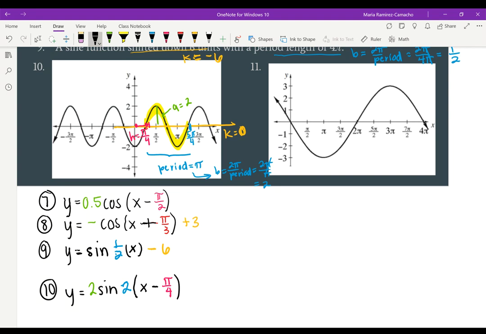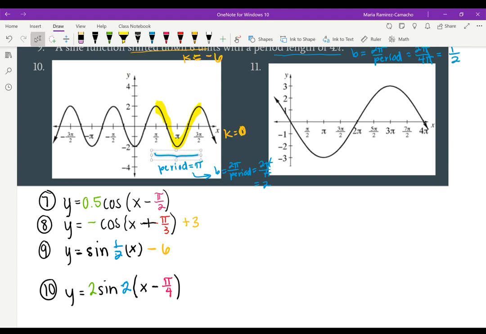We can use cosine as reference here as well. Let me highlight a different part of the graph. Okay, let's say we're looking at this one cycle of cosine. My period is still pi. The length of one cycle is the same, it's just been shifted.